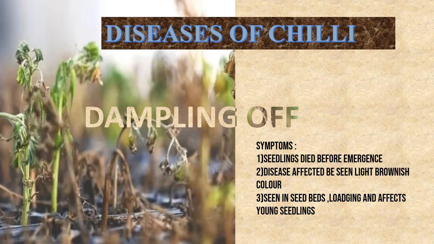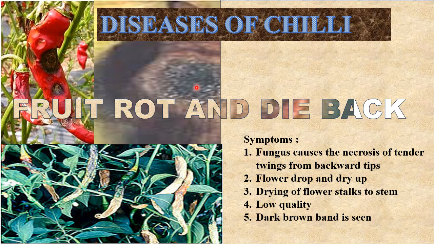Coming to the next one, the second disease of chili is fruit rot and dieback. In the image we can see that the fungus causes necrosis in some plants, and dieback of the tips.